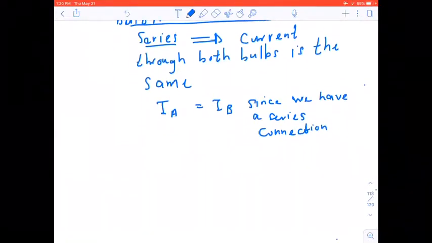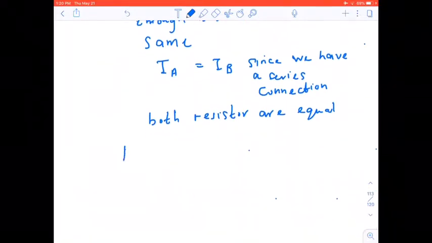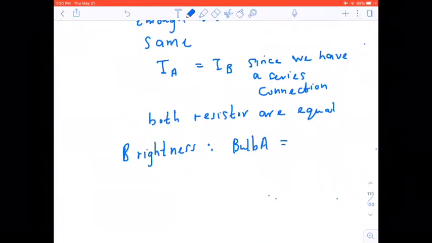So if that is the case, and both resistors are equal, because we're dealing with identical bulbs, we can say bulb A's brightness is equal to bulb B's brightness.